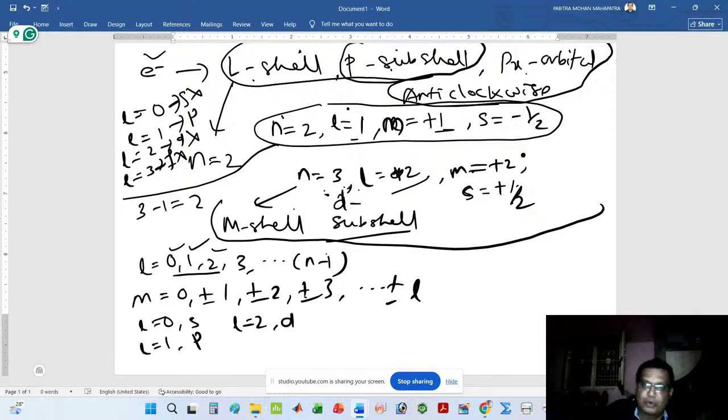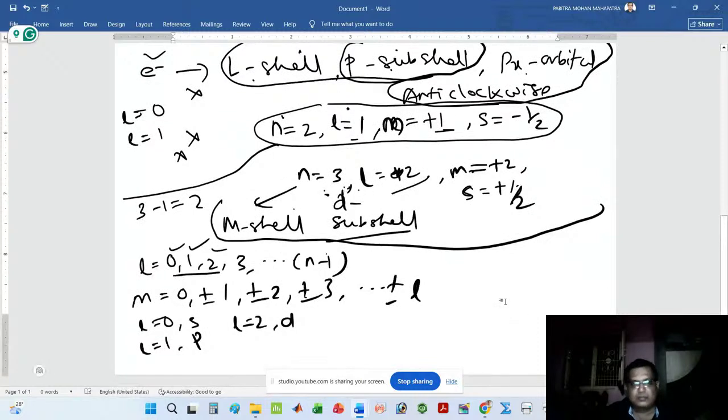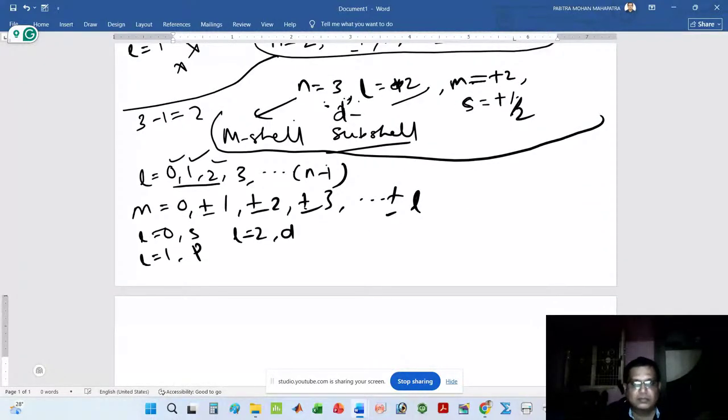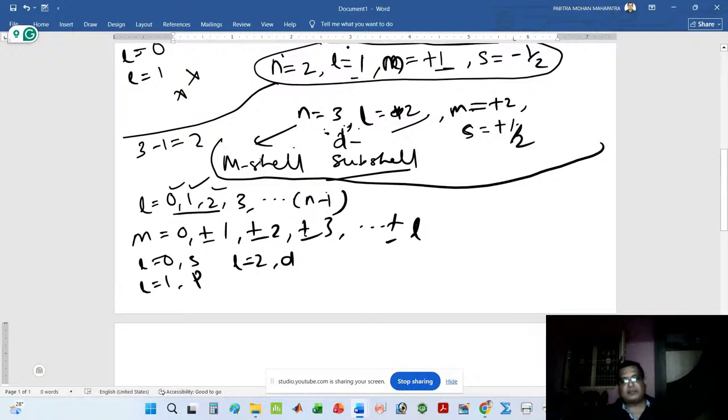Here M is equal to plus 2. Let me explain. Here is the M cell, and another is a D subcell.